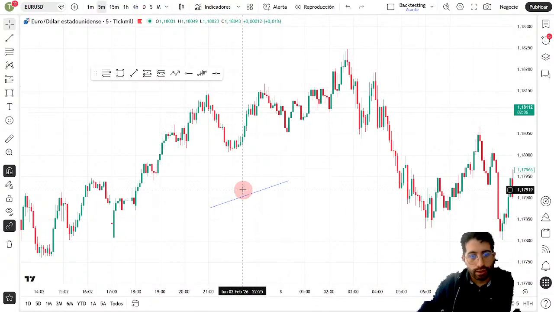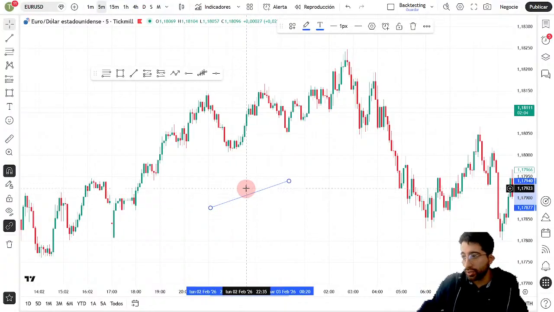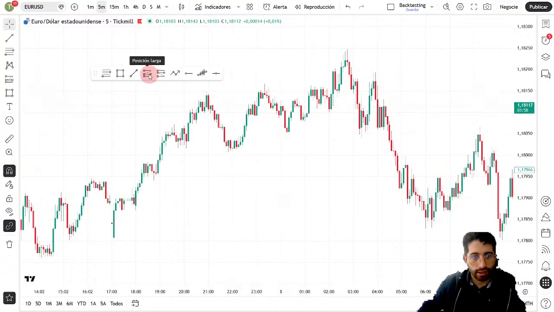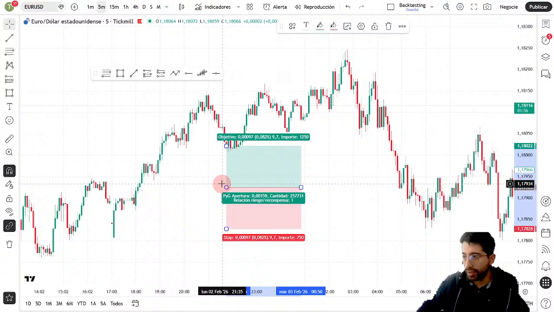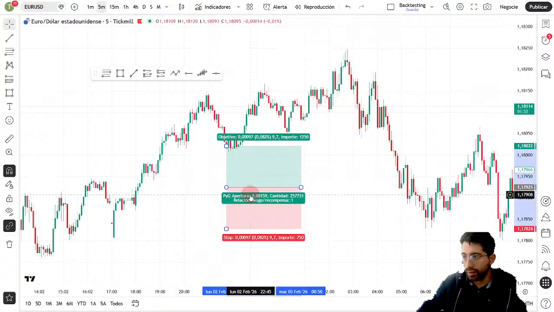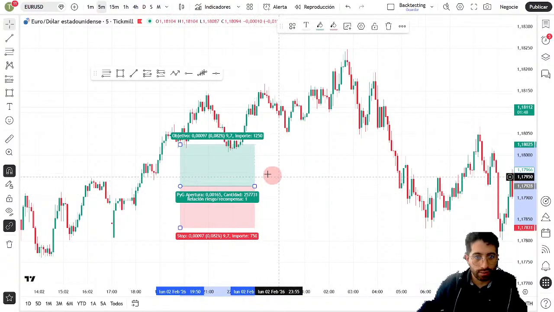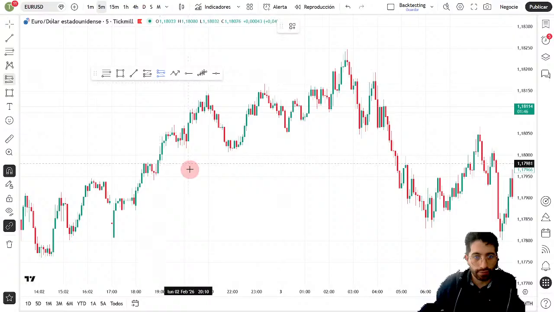So continuing with the different objects I use here. This is, as I said before, the trend line. Now I have, of course, the buy or sell order right here. Now I have the sell one here.